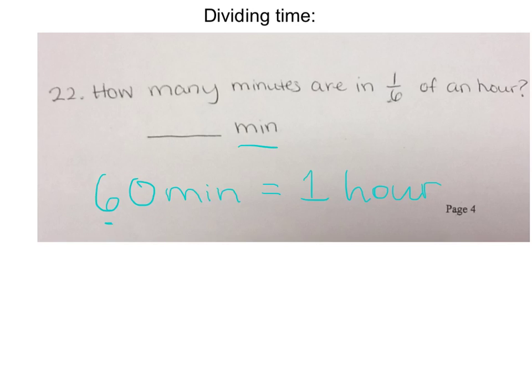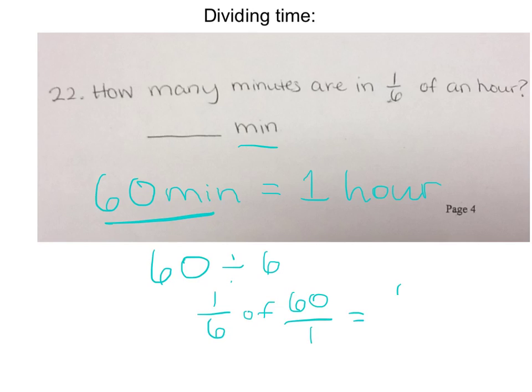If I'm trying to find out how many minutes are in 1/6 of an hour, I need to divide 60 by 6, or find 1/6 of 60, in which case I would multiply across because "of" means multiply. So I'm doing 60 divided by 6, which would equal 10. So 1/6 of an hour would be the same as 10 minutes.